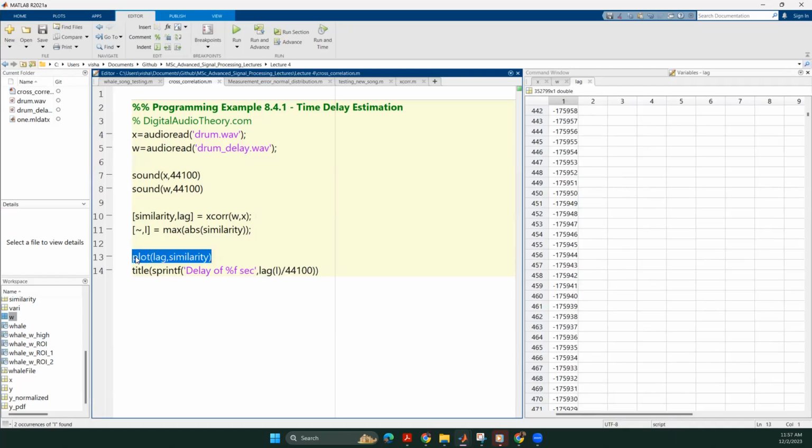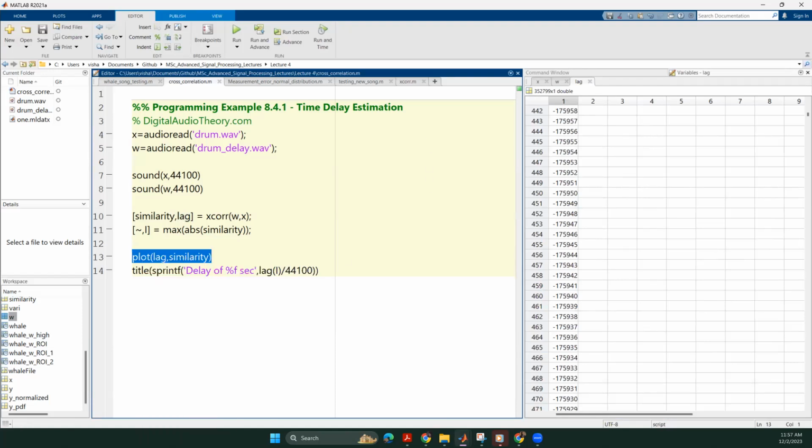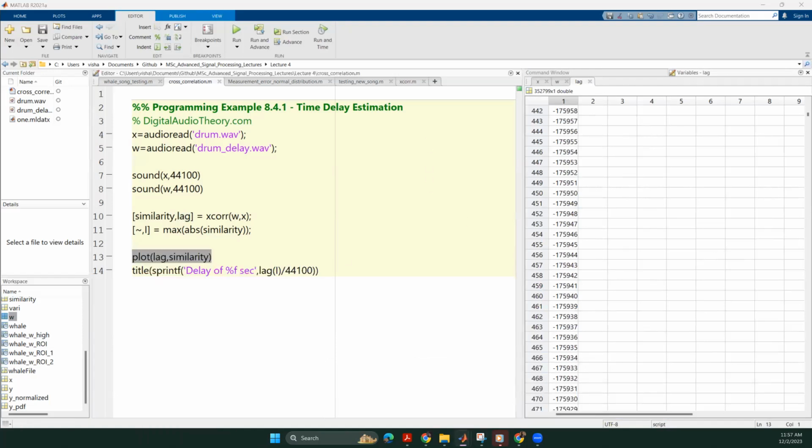So I can plot, first of all, the lag value in the lag indexes and the similarity value, right? This is coming as a plot, and it is defined using this plot.